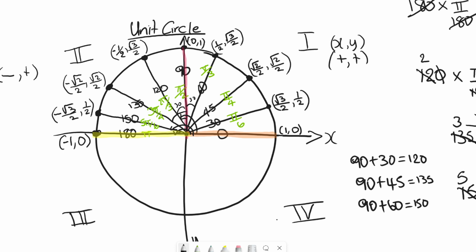I'll have an angle that's 30 degrees away here, right? And so recall that this is going to be symmetric, a mirror reflecting what's at the top down here. So this is going to be negative root 3 divided by 2, 1/2.